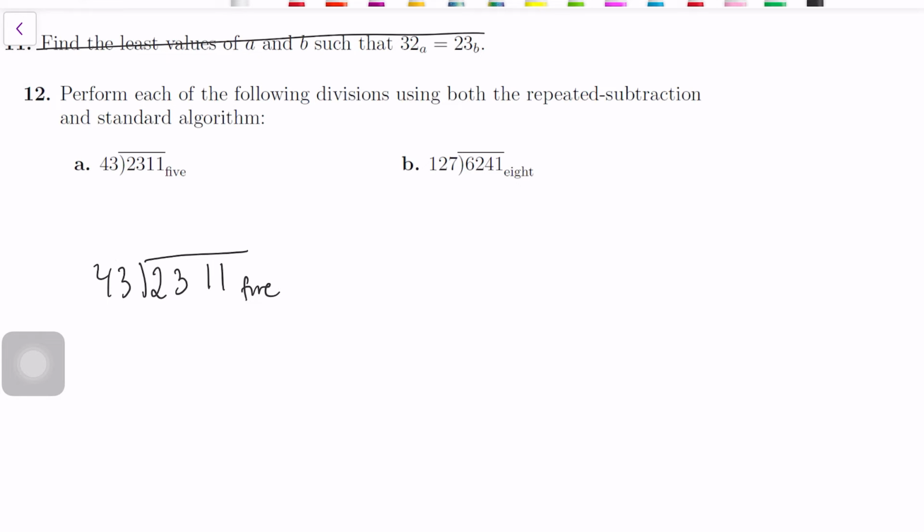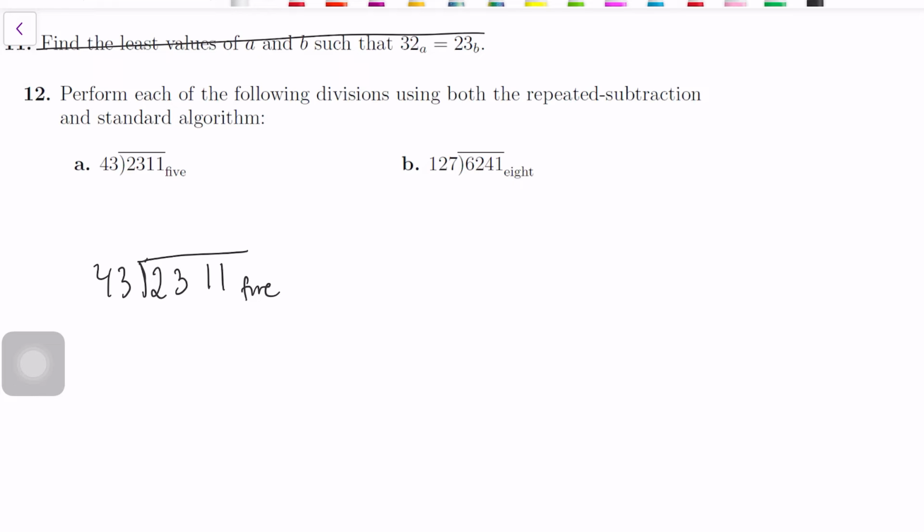But remember that with this expanded algorithm, where we use the repeated division model, I can first decide how many 43s I want to fit in the number. It doesn't have to be the best choice at first, but I will keep subtracting and then fitting 43 again.